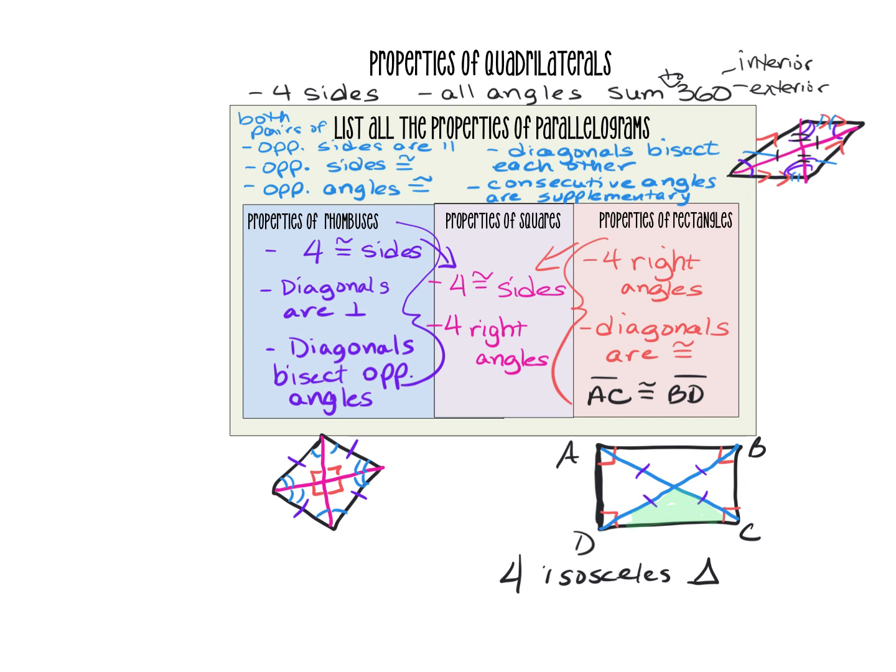So this is a nice little review or overview of parallelograms, rectangles, rhombuses, and squares. Yesterday we also talked about trapezoids and kites, but remember, trapezoids and kites are not parallelograms. If I want to add in a little picture of a square here as well, it would have the 4 right angles and the 4 congruent sides.